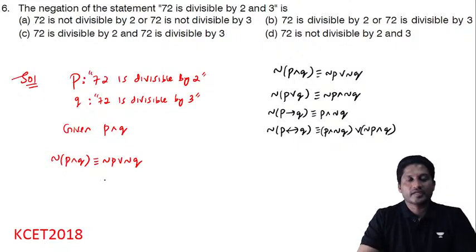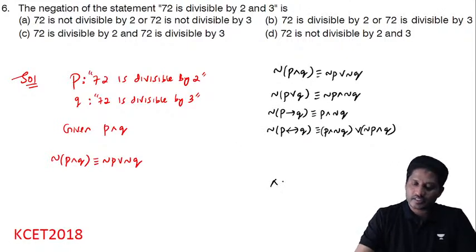Right, now negation p disjunction q is 72 is not divisible by 2, or 72 is not divisible by 3. Disjunction is or, right? Conjunction is and.